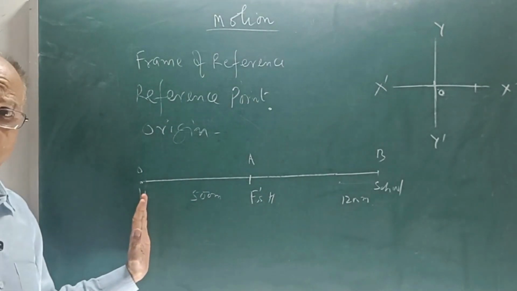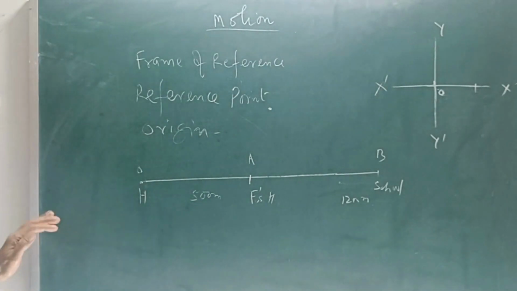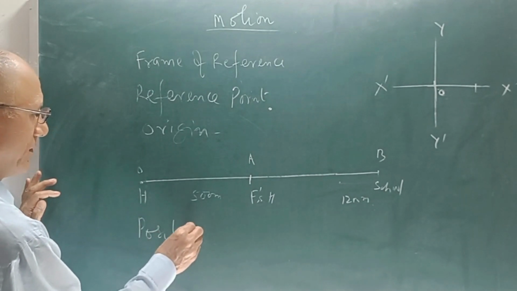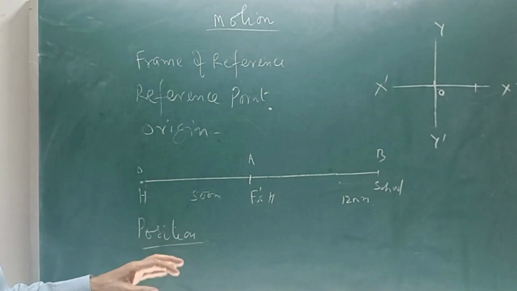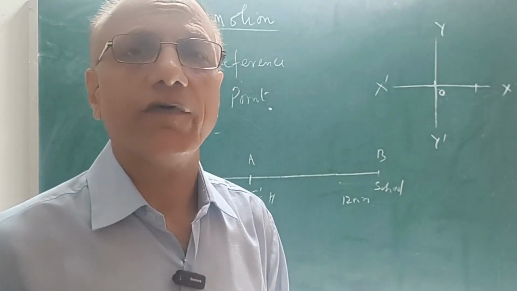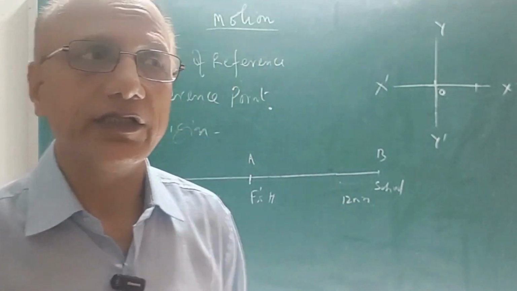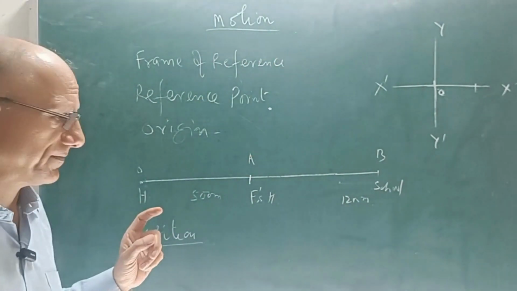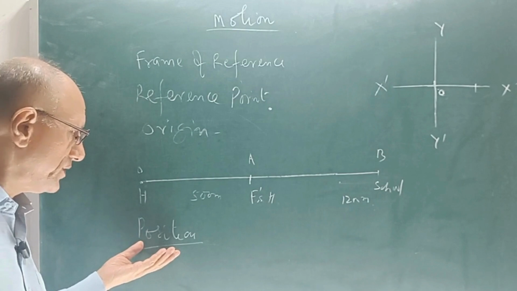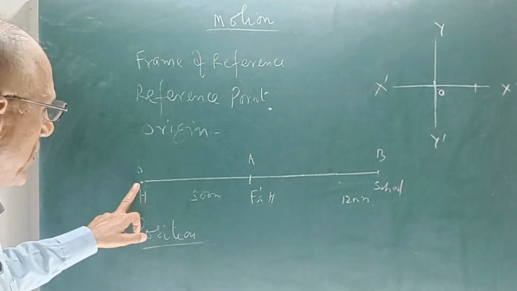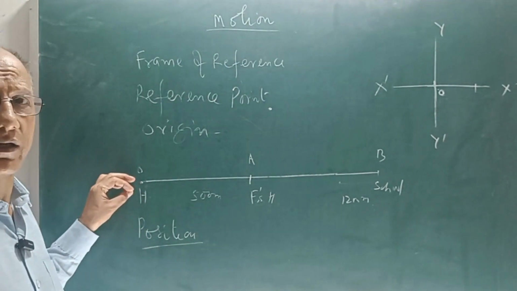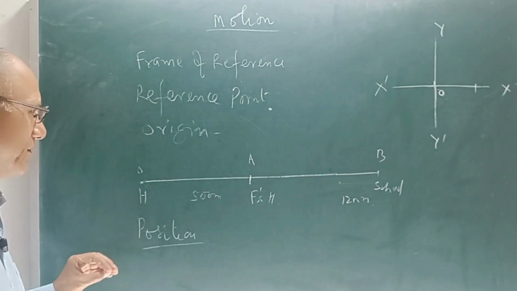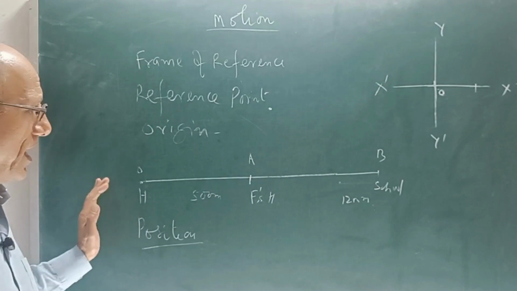So when you are at home, your position, now the next term is position. This position will always be referred from the origin, that means the reference point in the frame of reference. So initially you are at home, so your position is 0 meter.